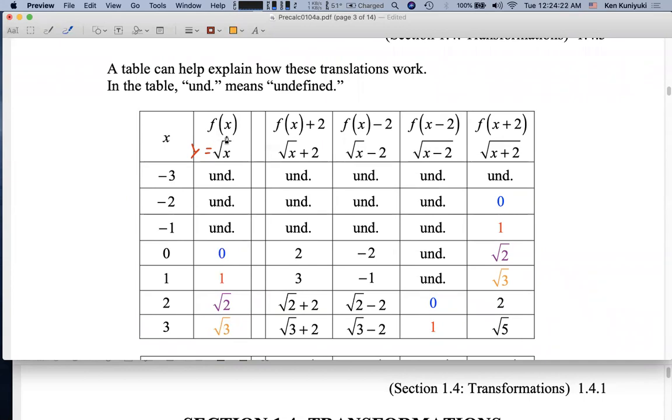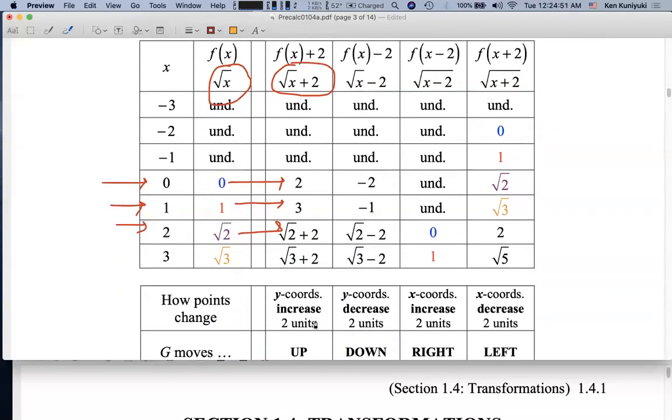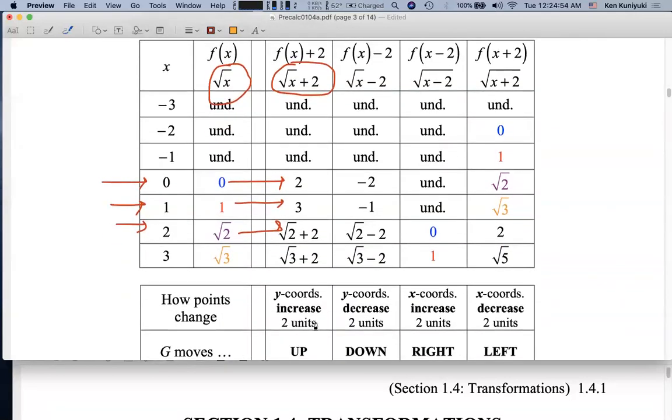But what happens if we go from the graph of y equals root x to the graph of y equals root x all plus 2? Well, for each of the x values in the domain, notice that the y-coordinate increases by 2 units. We go here from 0 to 2, here from 1 to 3, and so forth. So for each value of x in the domain, the y-coordinate, the function value, goes up 2 units. And therefore, the graph goes up by 2 units.